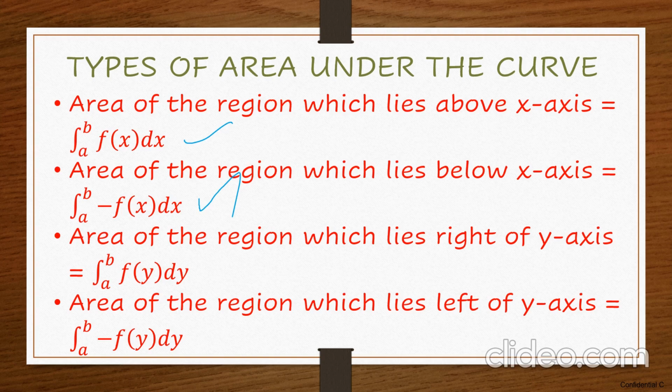Third, when the area of the region lies right of the y-axis: integral a to b f of y dy. When the area of the region lies left of the y-axis, your formula is integral a to b minus f of y dy. To proceed with the exercise, you need to memorize these formulas. Okay, students?